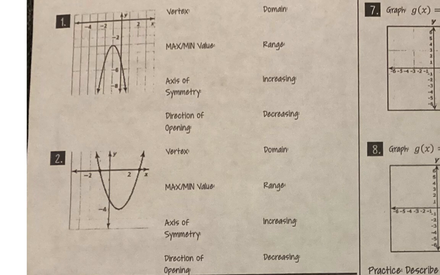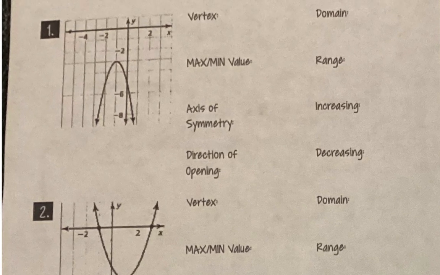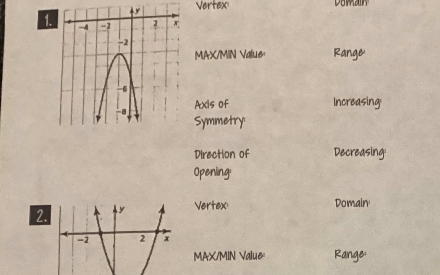Last time we looked at the graphs, located some valuable key words. That's what I'm looking for. Now we're going to actually figure out what some of these terms are as far as their values. So as we zoom in to question number 1, we have a parabola. We'll go back to using red.